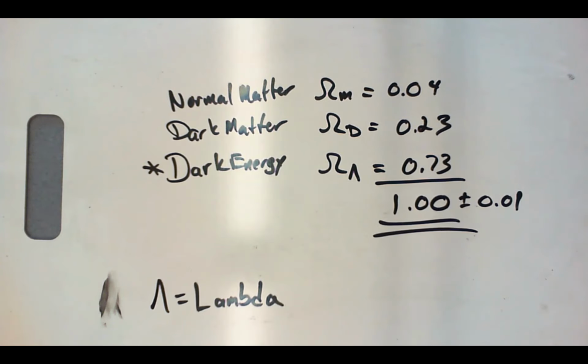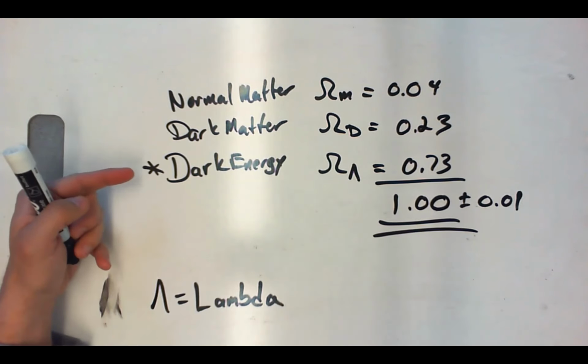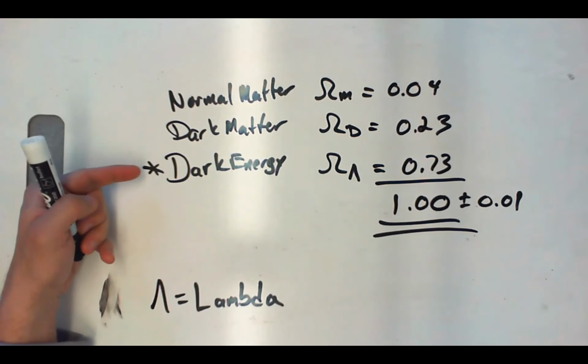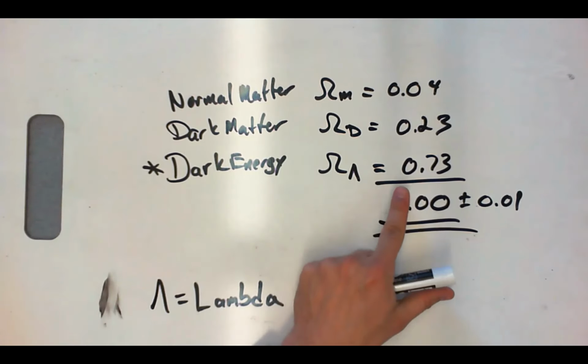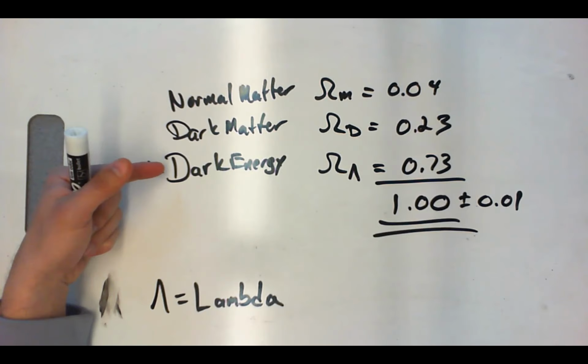We also think that this dark energy term is somehow related probably to the amount of space there is in the universe. It's some sort of vacuum energy. And so as the universe continues to expand, this dark energy term becomes more and more dominant and important. These are present day values. In the past, this dark energy term was less, and in the future, it will be a greater percentage of the total density of the universe.